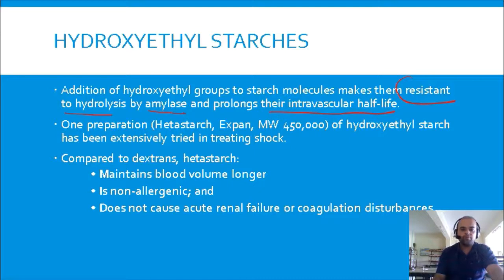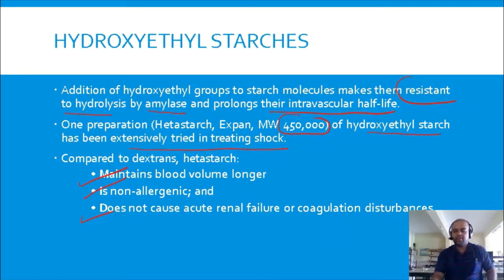So one preparation is hetastarch, whose brand name is Expand, a hydroxyethyl starch with a molecular weight of 450,000. It has been extensively tried in treating shock. Compared to dextran, hetastarch maintains blood volume longer, is non-allergenic, and does not cause acute renal failure or coagulation disturbances.